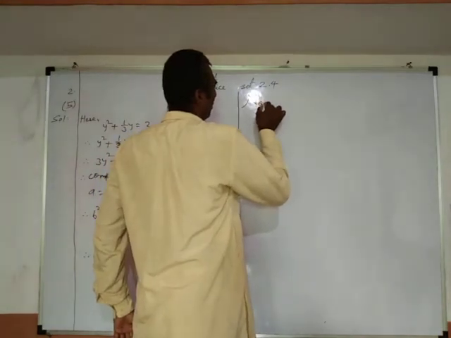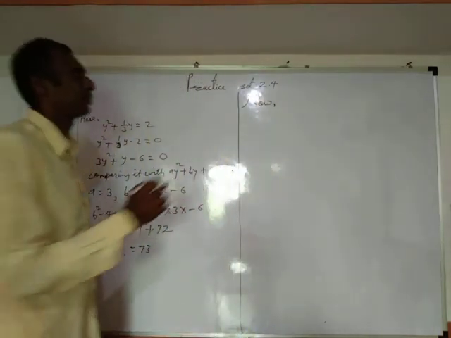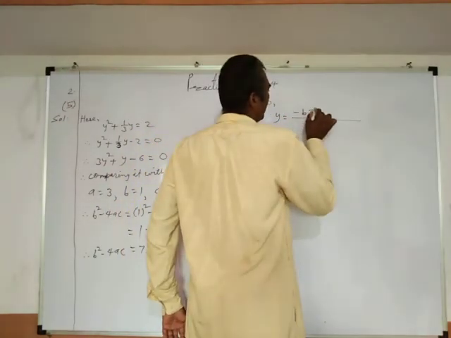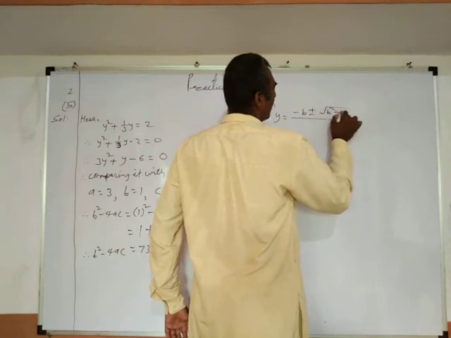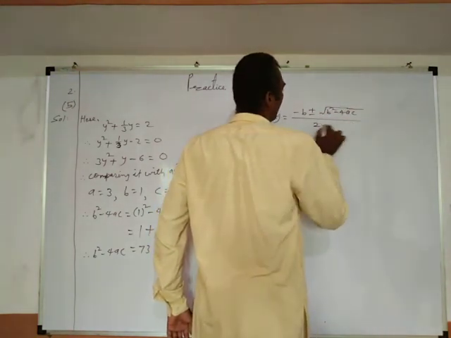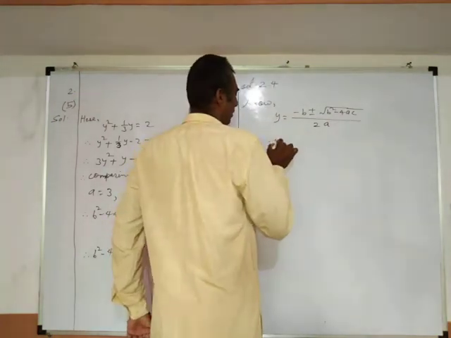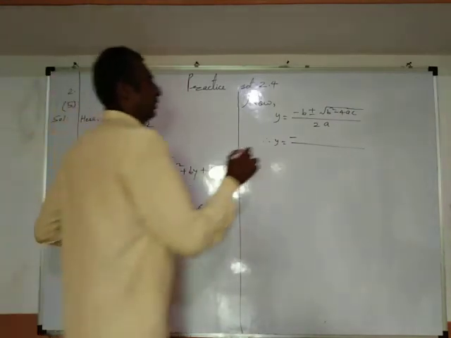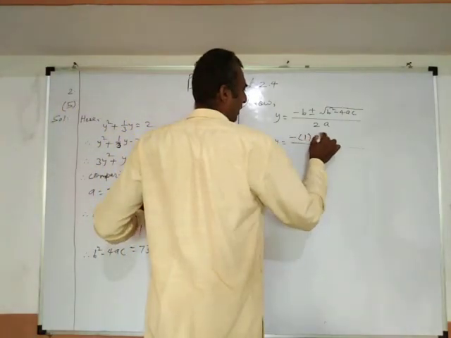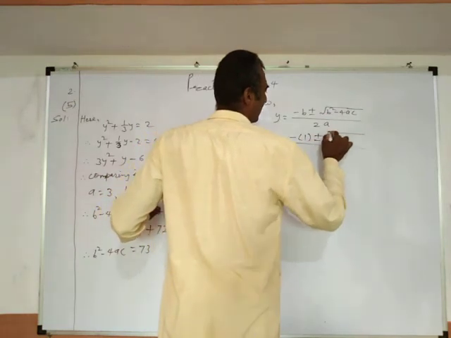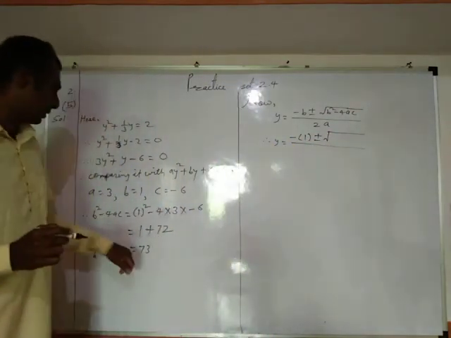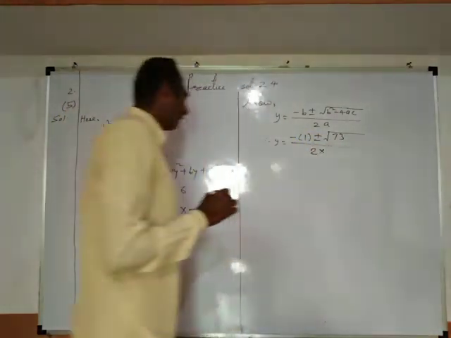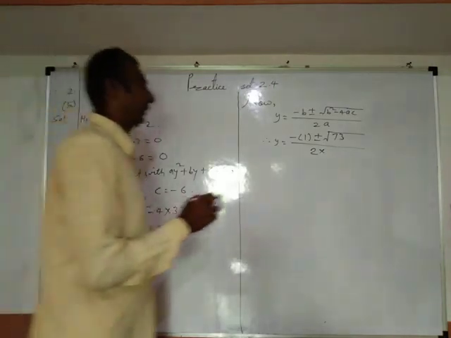Now as variable is y, y equals minus b plus or minus under root b square minus 4ac upon 2a, and therefore y equals minus value of b is 1, minus in bracket 1 bracket close, plus or minus under root 73 upon 2 into a, value of a is 3.